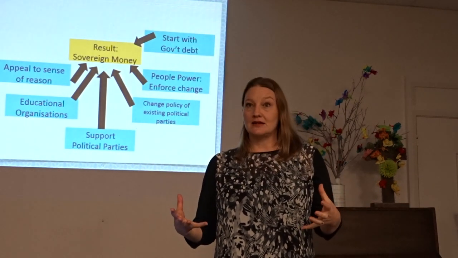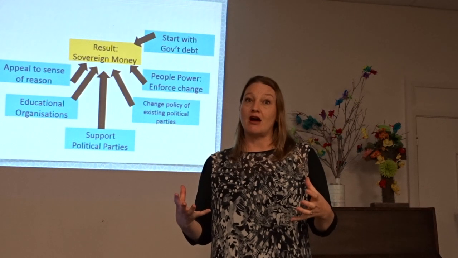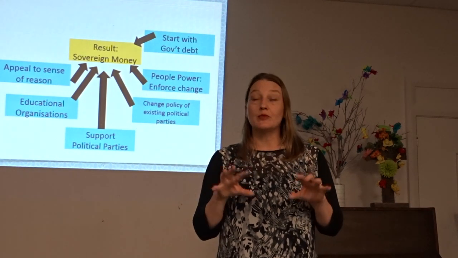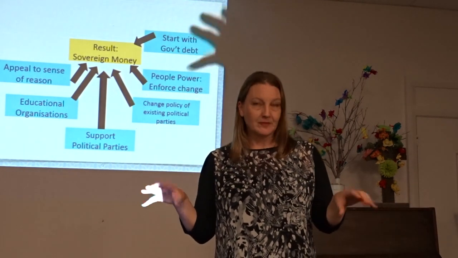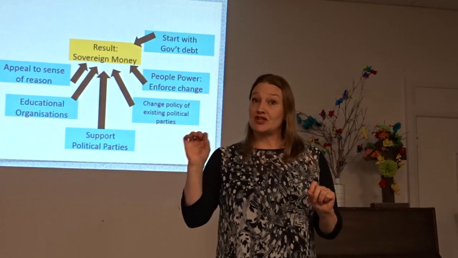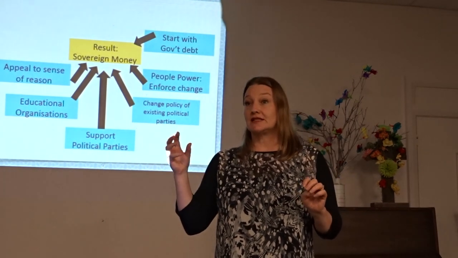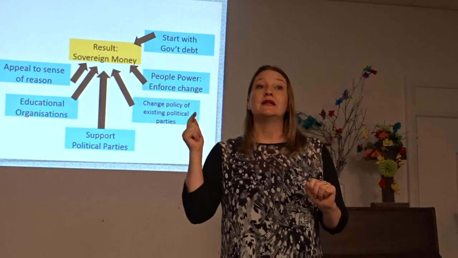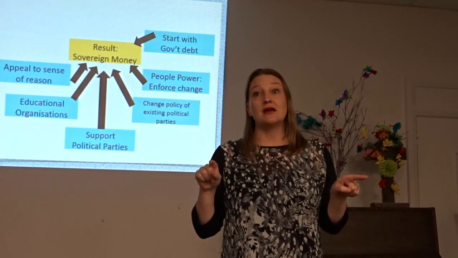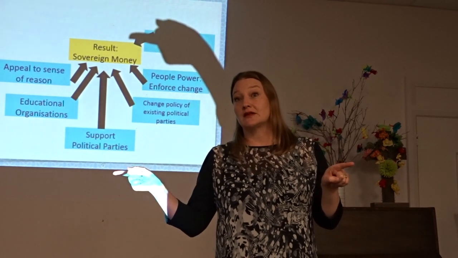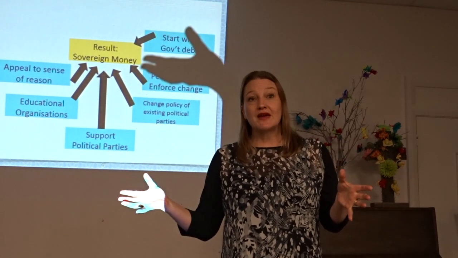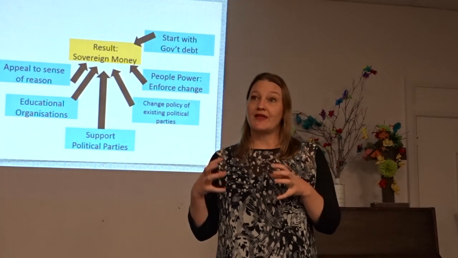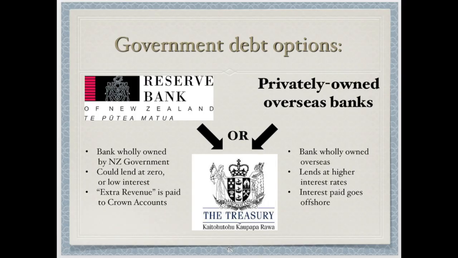Yes, I'd like to see it done, but I've tried, and I've decided, and this is not Positive Money policy, I think we need to start with just Reserve Bank credit. So that's the money that the government lends from overseas. That needs to come from our own Reserve Bank, not the overseas private banks. So we're doing the same thing we're doing now, but we're just doing it with our own bank.